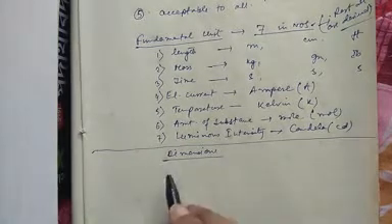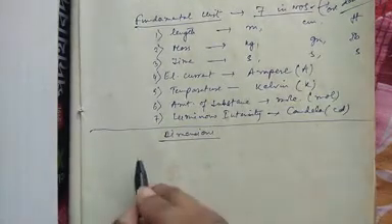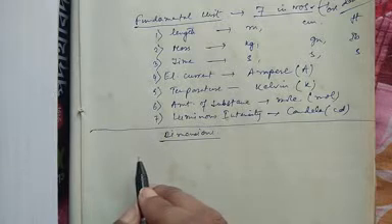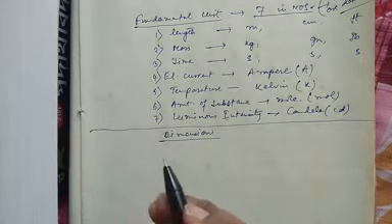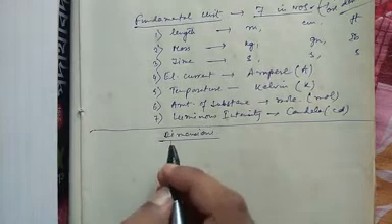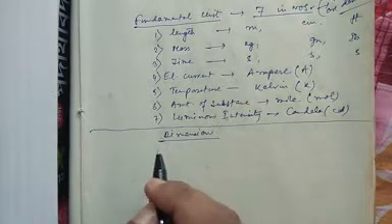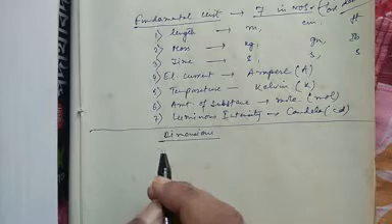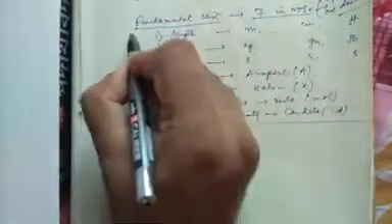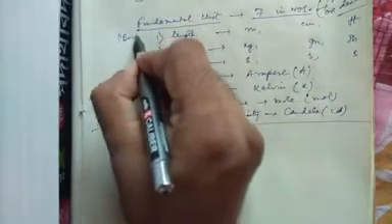Dimensions. We all know how to find dimensions of a physical quantity. What is a dimension? A dimension of a physical quantity is its relationship with the 7 quantities, each of which has been assigned by convention a base unit. And now these fundamental units are also known as base units.